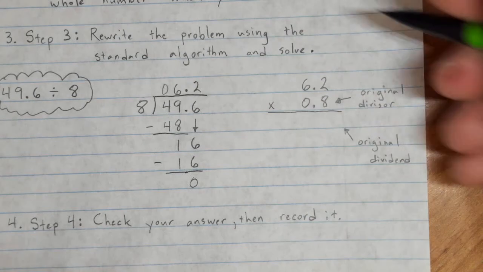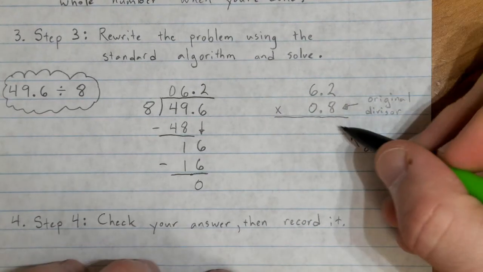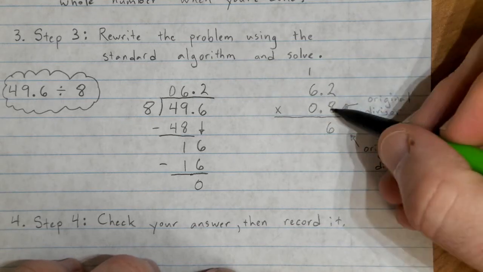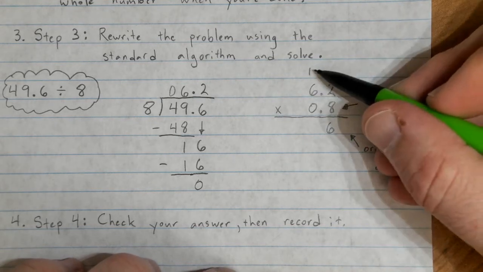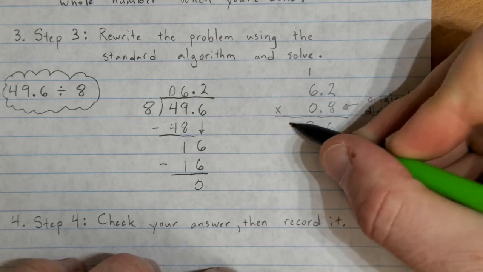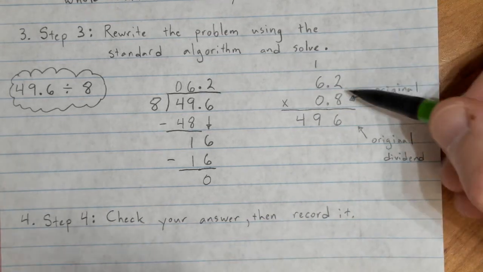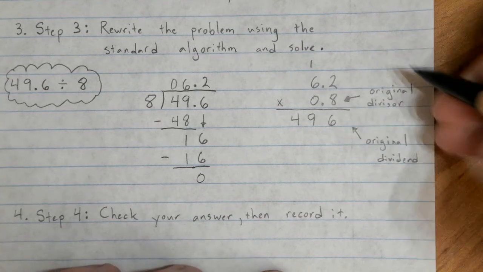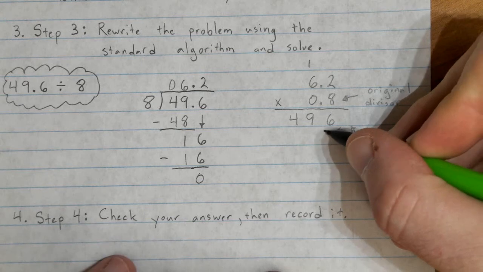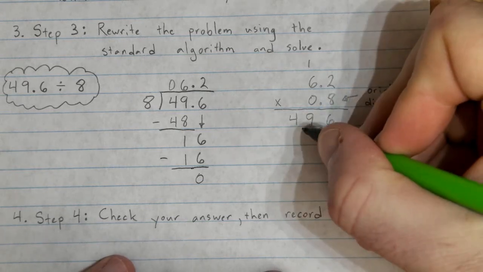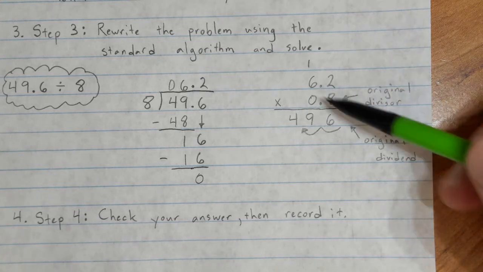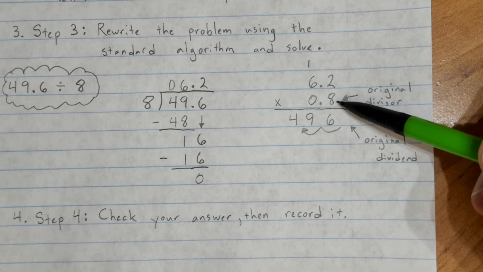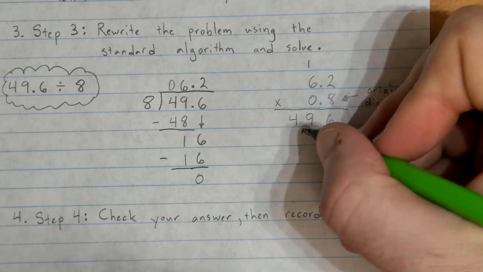So I should get 4 and 96 hundredths. Let's find out. Okay. 8 times 2 is 16. Carry the 1. 8 times 6 is 48. Plus 1 is 49. Okay, well, looking so far so good. We have 1 decimal place here and 2 decimal places here. That means we start here, we go over 2 jumps. We don't drop the decimal straight down when we're multiplying. Remember, we count how many decimal places, and we put that down here.